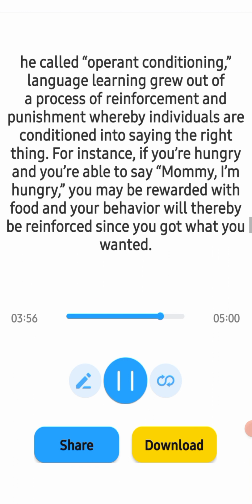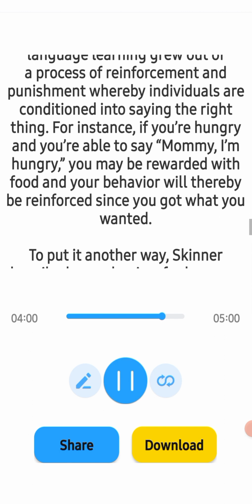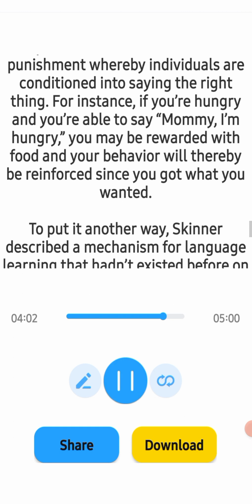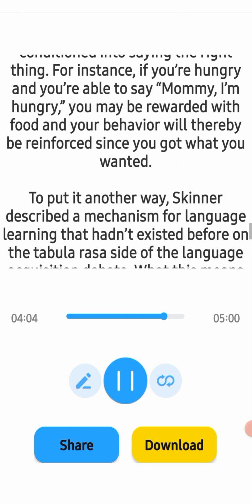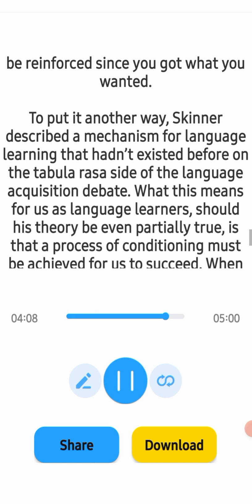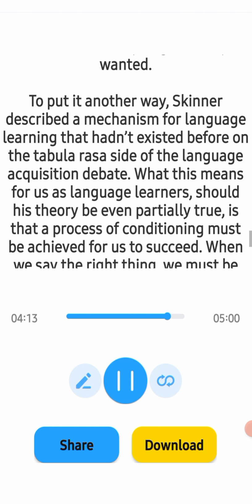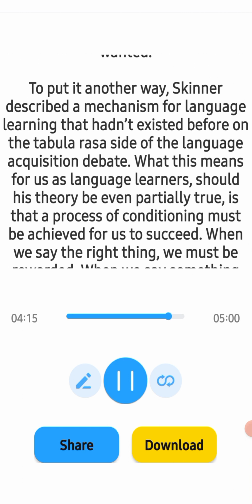For instance, if you're hungry and you're able to say, "Mommy, I'm hungry," you may be rewarded with food and your behavior will thereby be reinforced since you got what you wanted. To put it another way, Skinner described a mechanism for language learning that hadn't existed before on the tabula rasa side of the language acquisition debate.